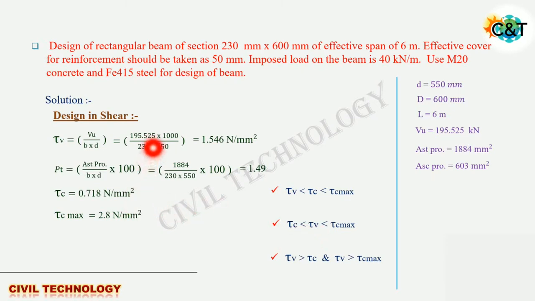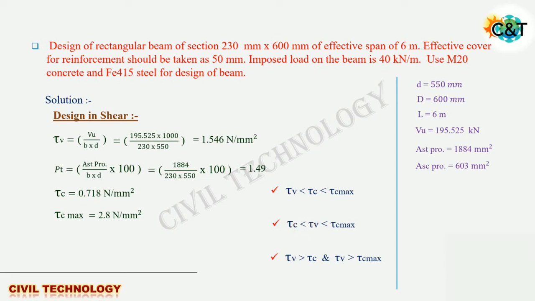If we compare tau v and tau c max, tau c max is greater than tau v, which means the second condition is our case. So whatever shear reinforcement is suggested by the IS code is not sufficient for our beam section. We have to provide some extra shear reinforcement, and we calculate it using the standard procedure.